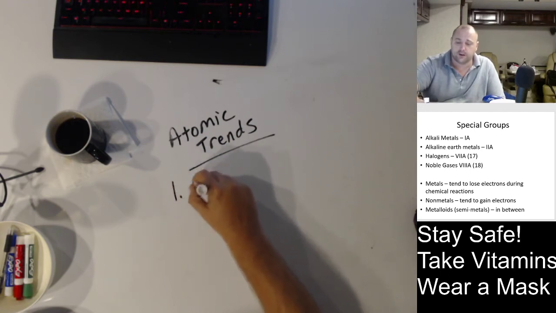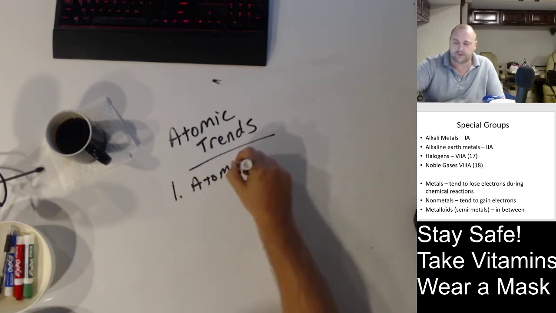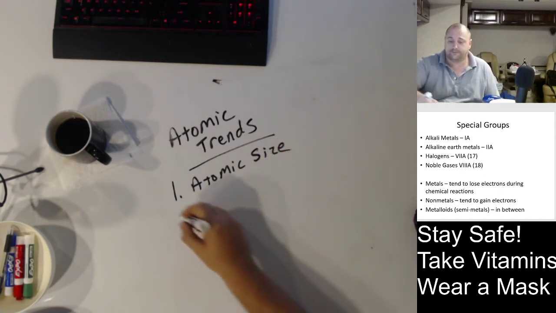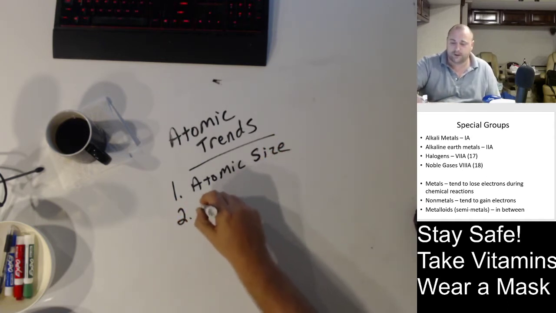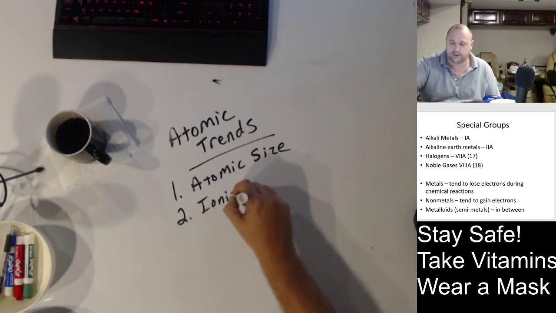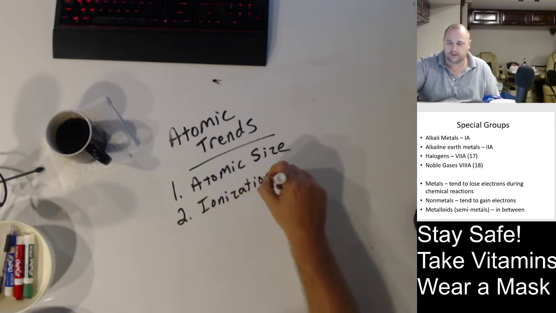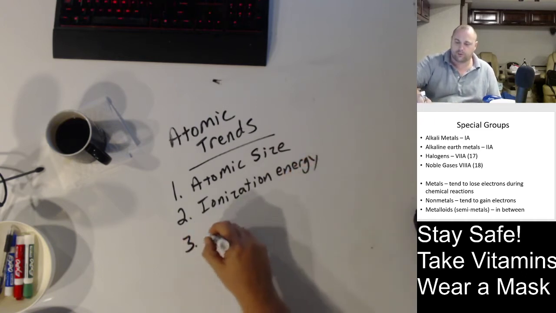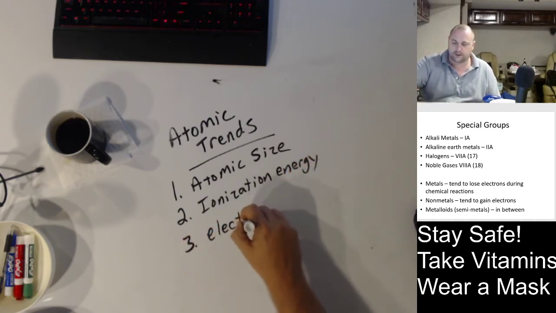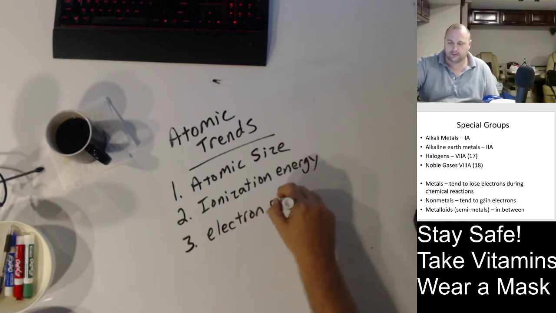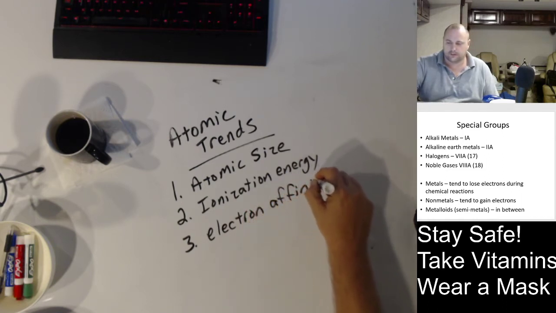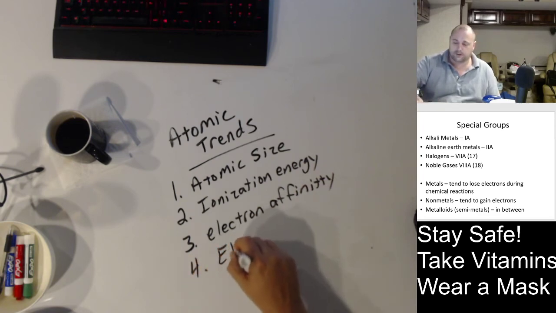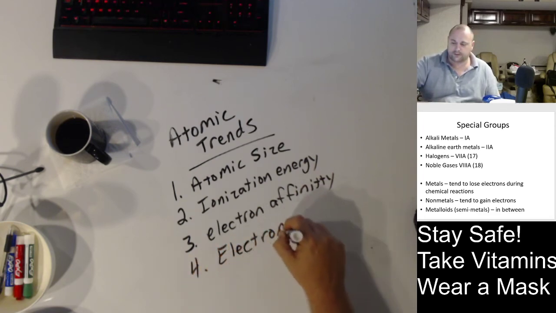So the first one is atomic size. How big is the atom? The second one is ionization energy. The third one will be electron affinity. And then the fourth one is electronegativity.